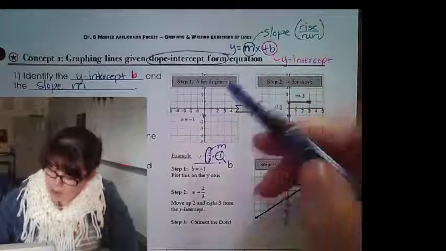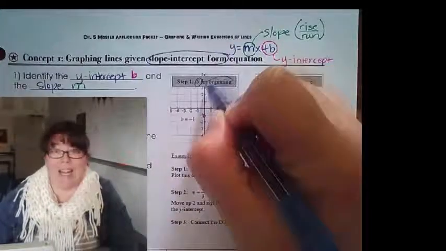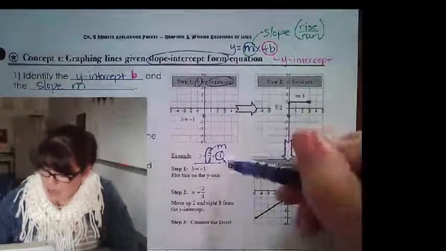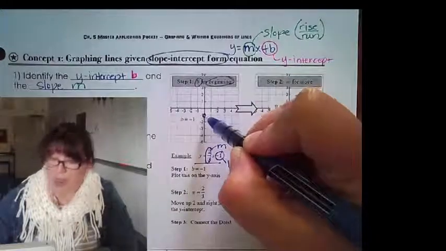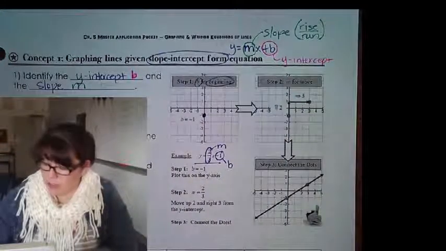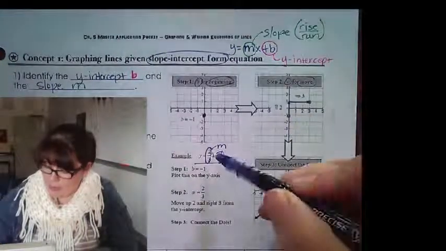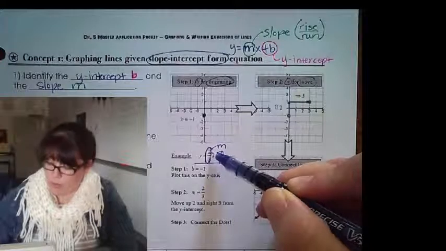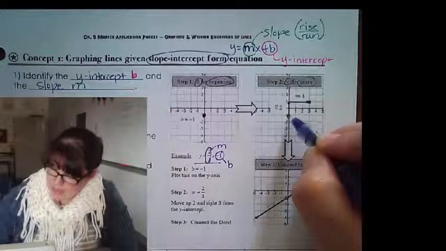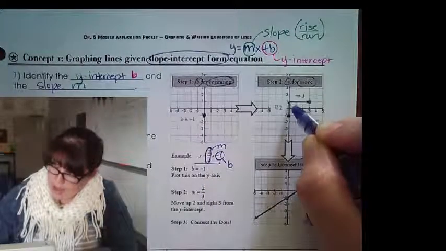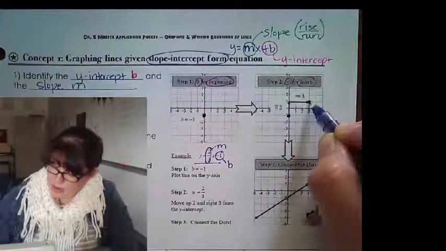Step 1, b is for beginning. So you find your b and you begin right there on that -1. Step 2, m is for move. And how are we going to move? We're going to move rise 2 and run 3. So you can see we began here and we went up 2 and over 3, and there's another point.